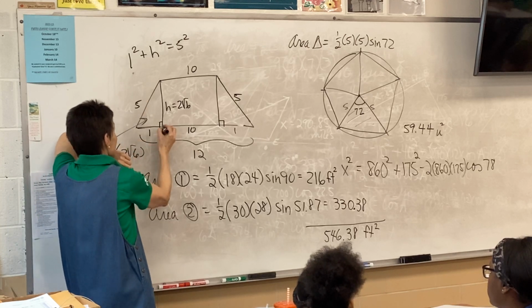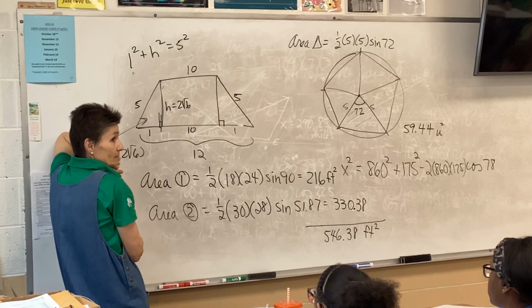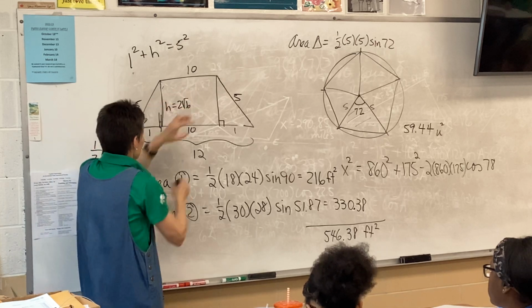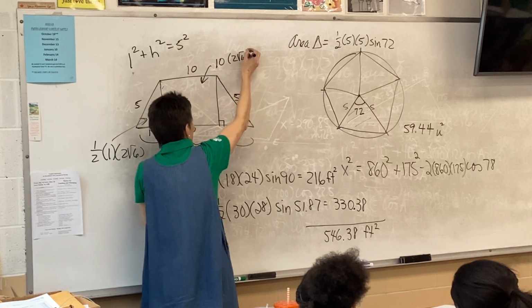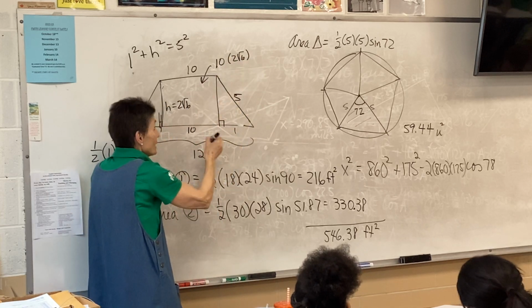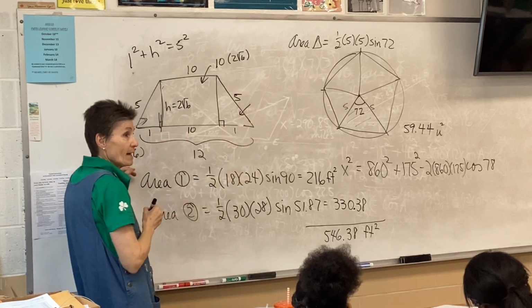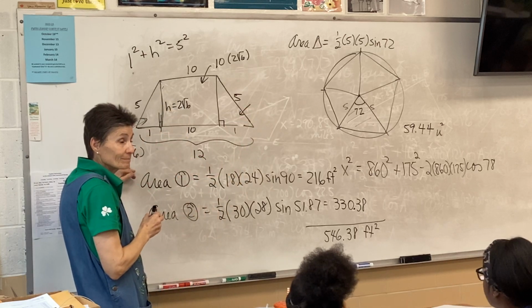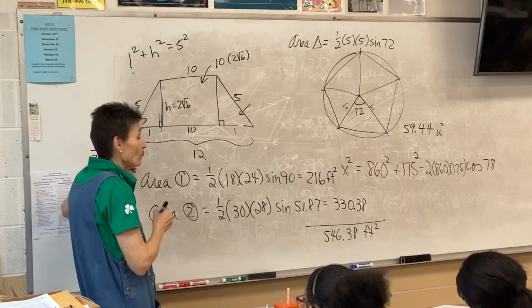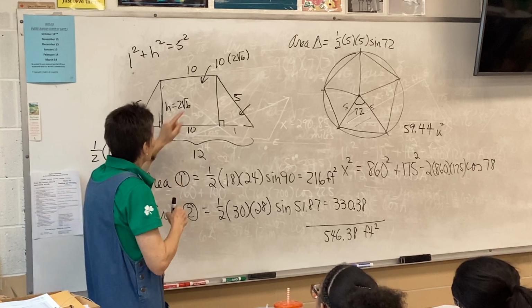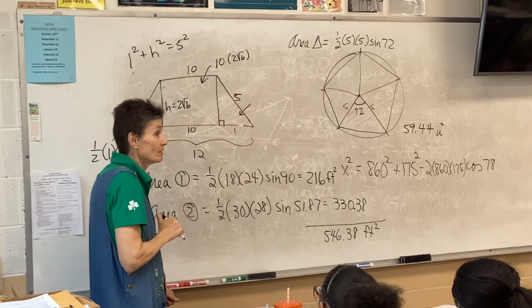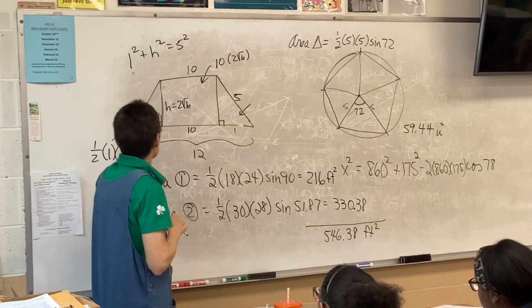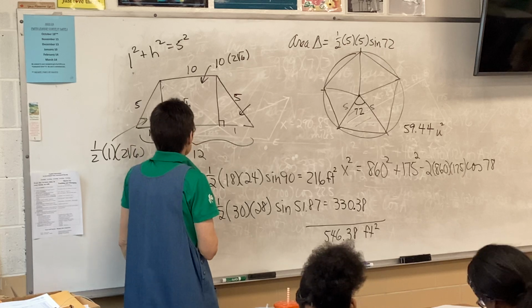This is the base, this is the height. The area of the rectangle is 10 times 2 root 6. And that triangle is the same as this triangle. So I got that one twice, and this one once, all added up, and that will be the answer to the question. So I think your answer is going to be 21 root 6.